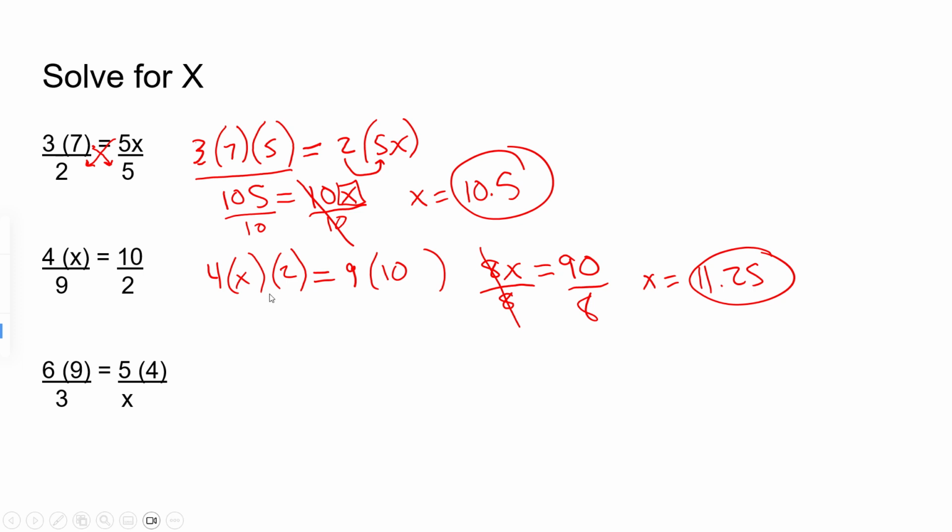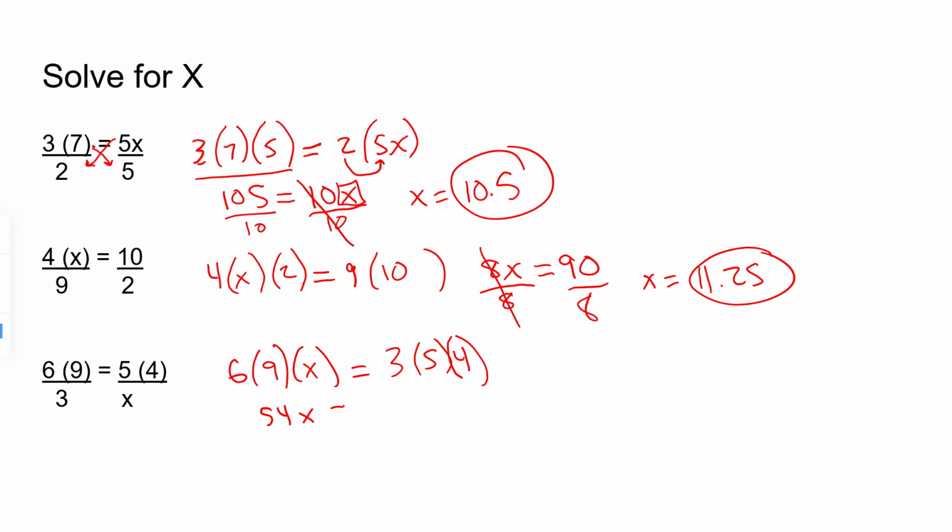All right, so moving on to this one down here, 6 times 9 times x, over 3 times 5 times 4. Okay, so now we can do our multiplication. 6 times 9 equals 54x.